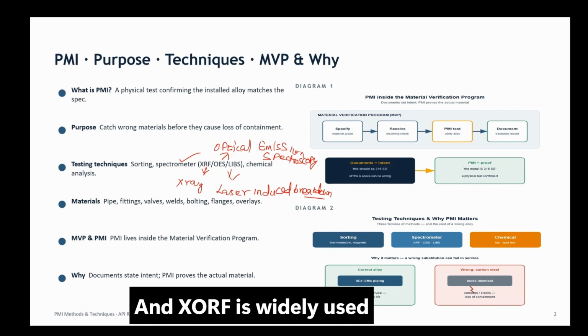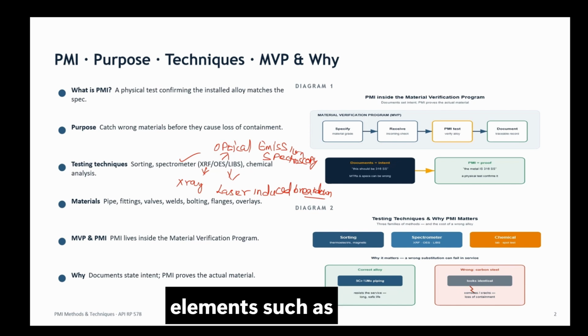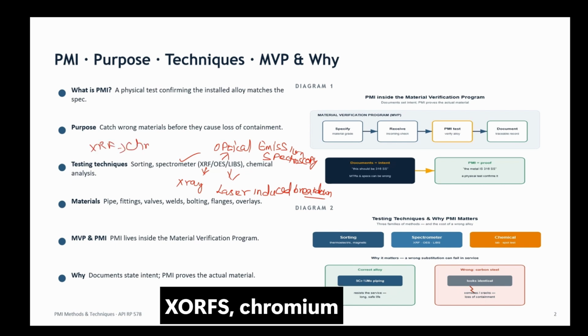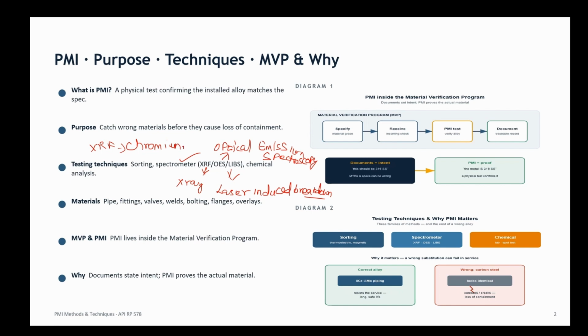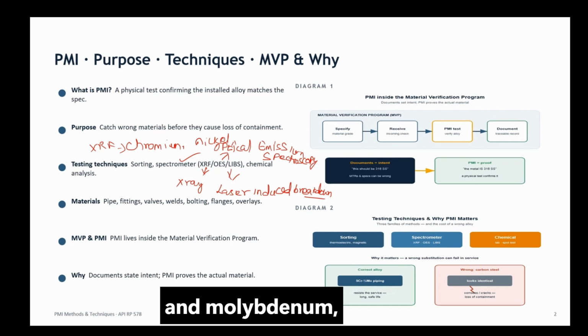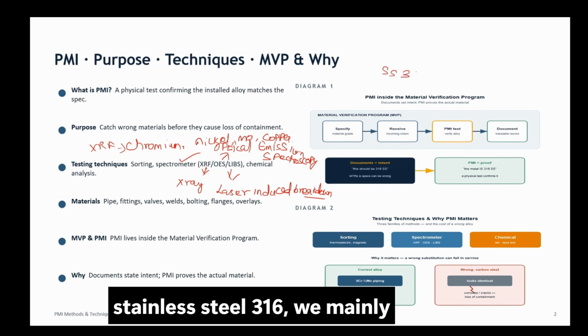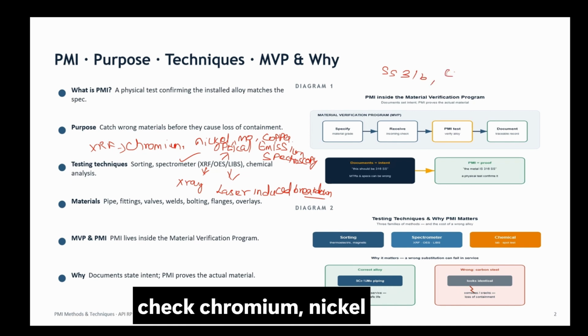XRF is widely used because it is fast, portable, and useful for many alloy elements such as chromium, nickel, molybdenum, copper, and others. For example, to confirm stainless steel 316, we mainly check chromium, nickel, and molybdenum content.